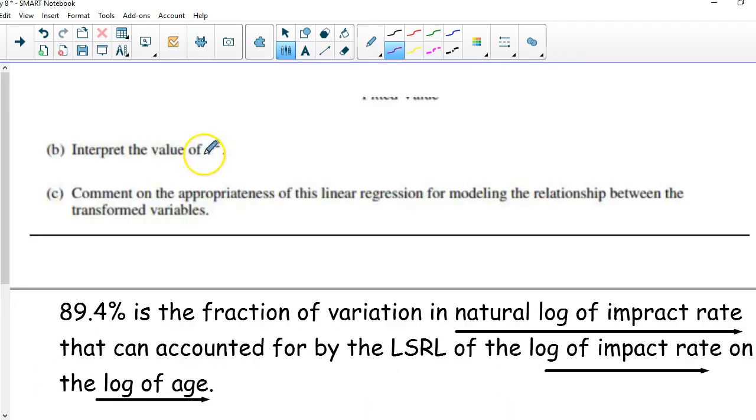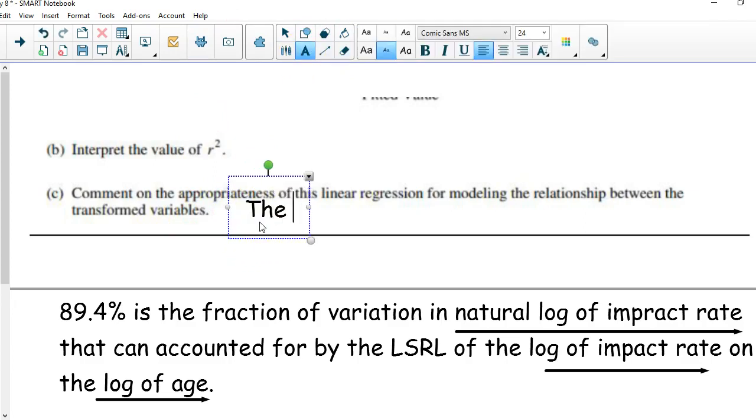So how am I going to write this down? Here's a hint on the AP test: you want to use their wording to help you. So you'd say, comment on the appropriateness of the linear regression for modeling the relationship between the transformed variables.